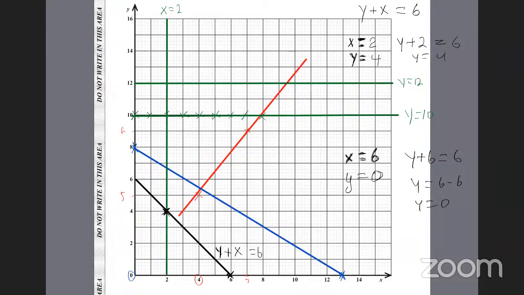Make sure you're doing this. That's the line Y plus X equals 6. Copy down. Oh, you're doing it? Okay.